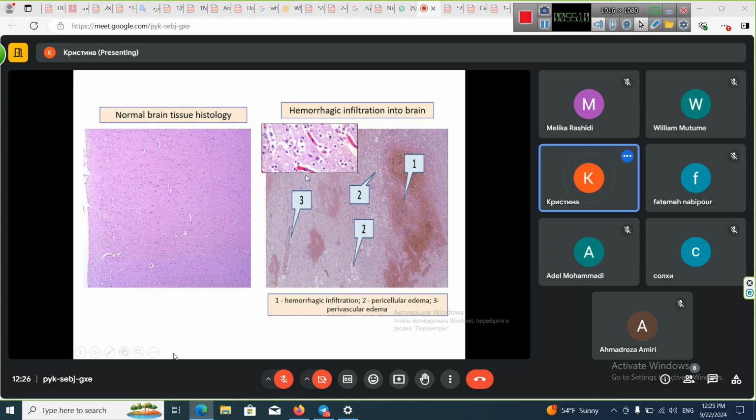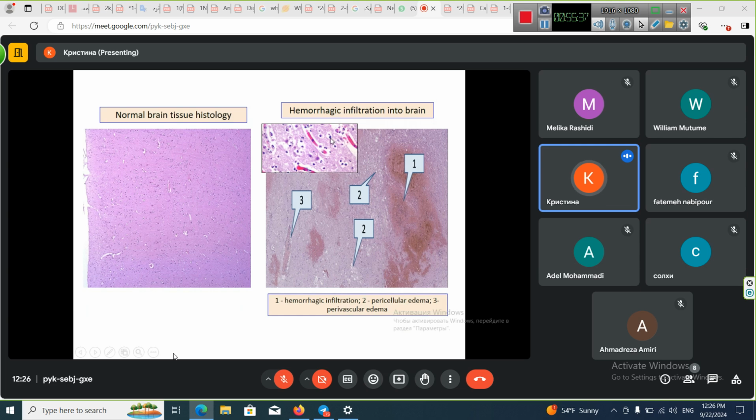This picture shows the same on high magnification. Edema means the accumulation of fluid around something. Pericellular means around cells. Perivascular means around blood vessels. So as you see here, we have some cells and white space around them.